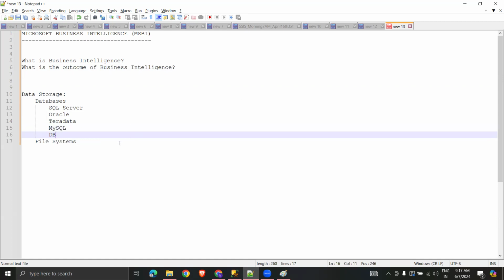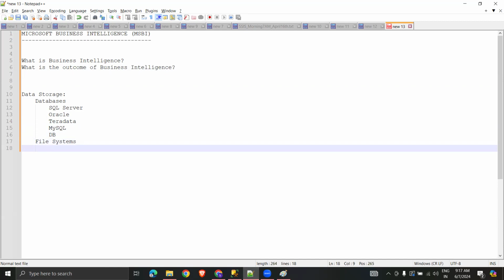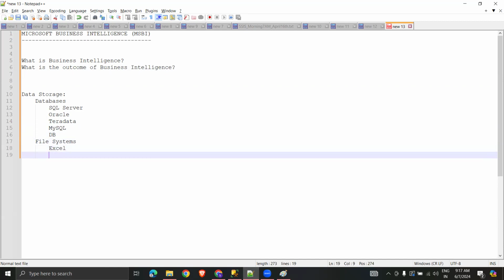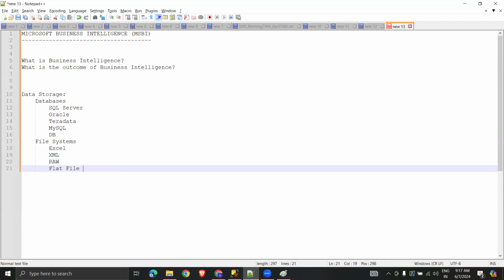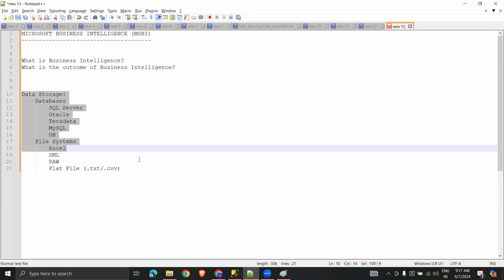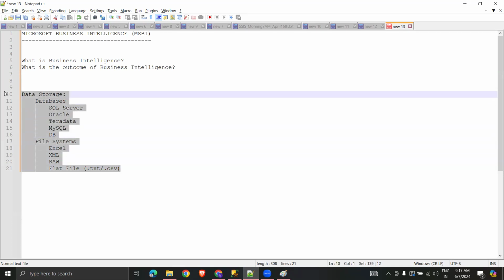Right, sir? And file systems means Excel very predominantly, and then XML, and then raw files, and then flat files. When I say flat file, it can be .txt or CSV, comma separated values. So these are the different data storages where we can maintain our data.